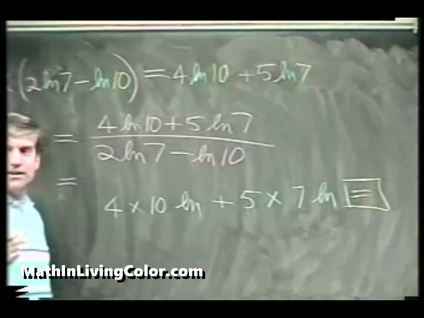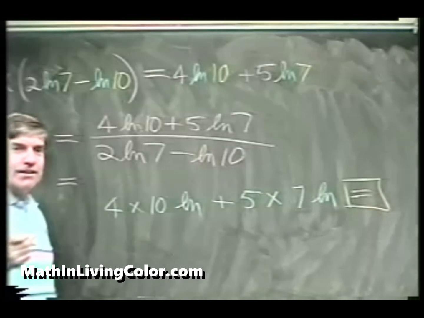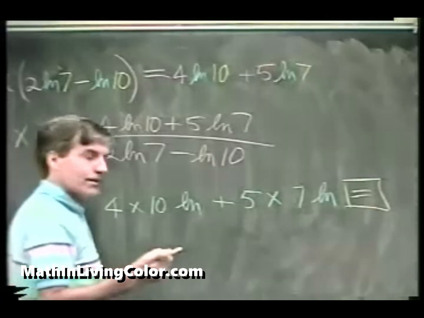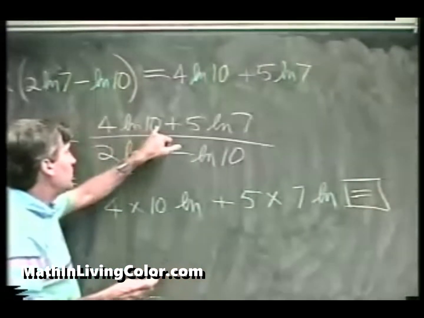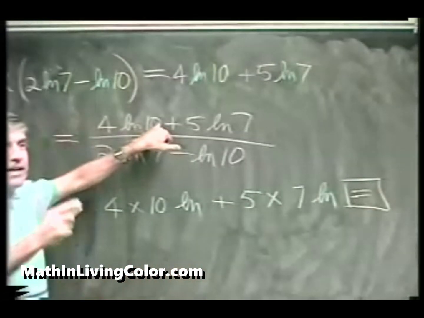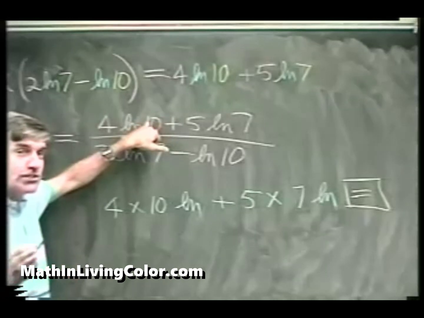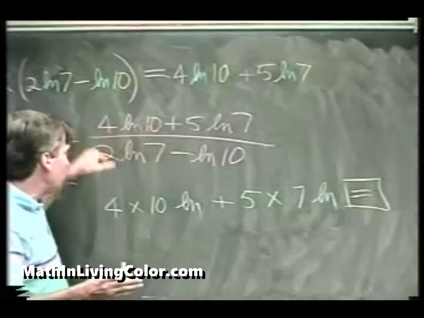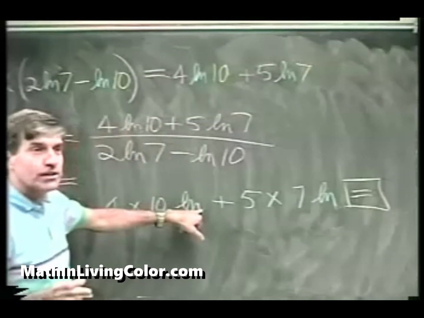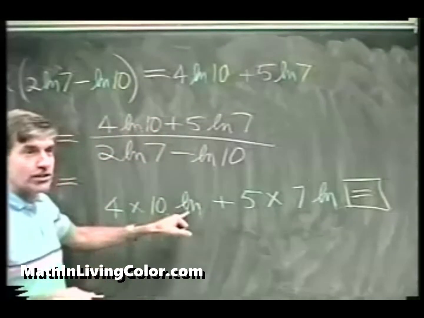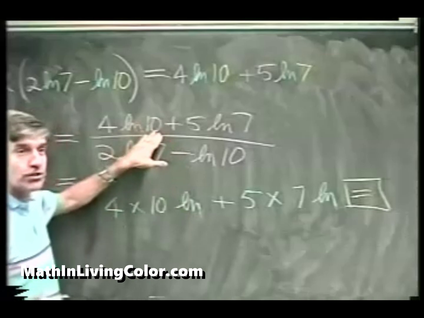Maybe I entered it wrong. I should have put 10 ln times 4. Maybe we better start with 10 ln. Now, different calculators are going to do this different ways. Some calculators, it won't matter whether you go 4 times 10 ln. You don't want to end up with 40 ln. You don't want the ln of 40, do you?